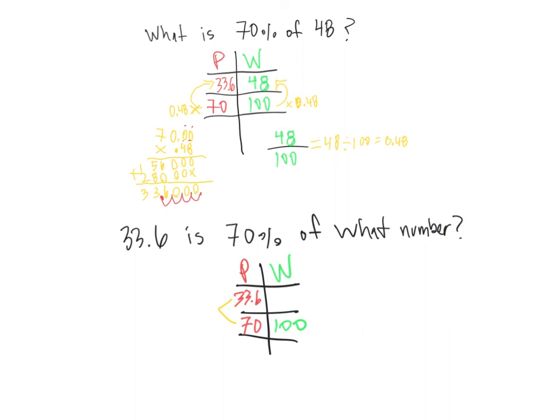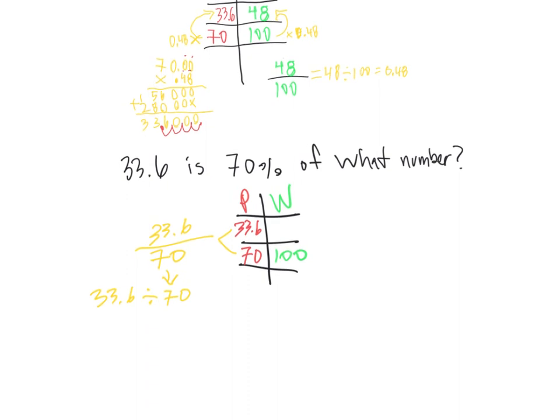So we can go ahead and say this is 33.6 over 70, which is 33.6 divided by 70, which is equal to how many times does 70 go into 33 and 6/10. And we're going to treat 33 and 6/10 like 336 for this long division problem. And we're just going to see how many times does 70 go into 336.